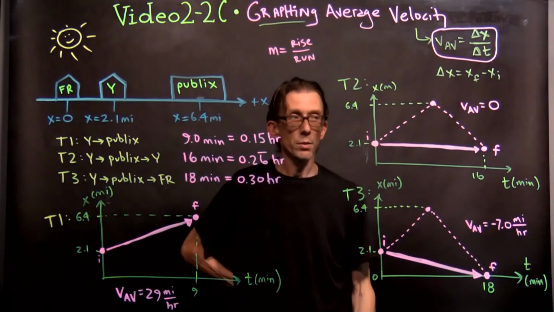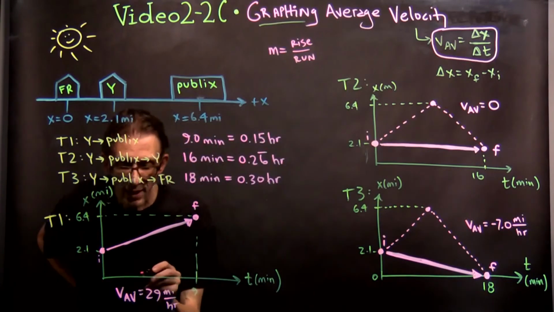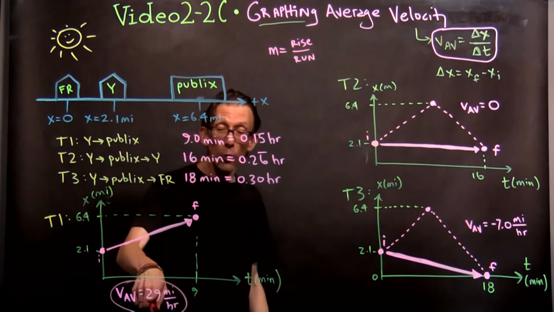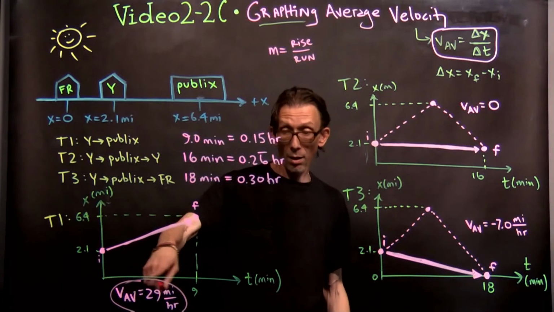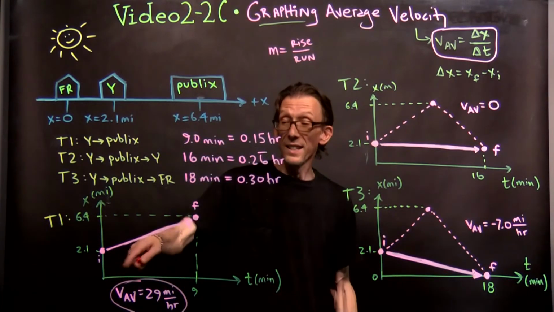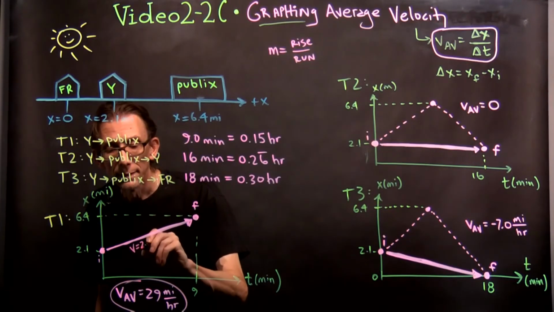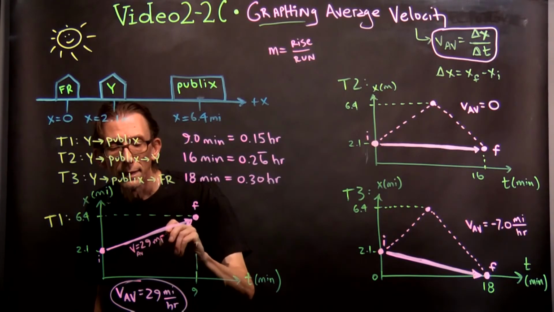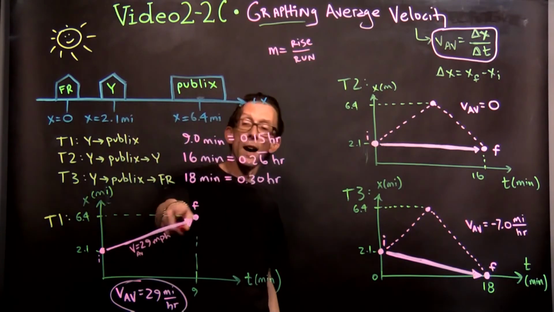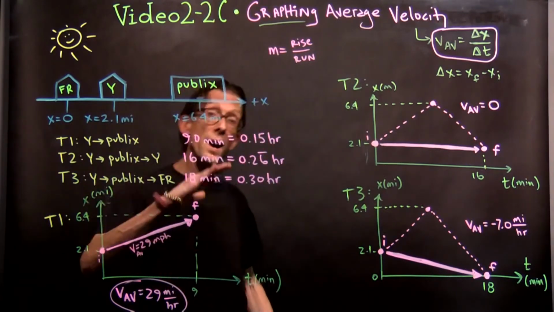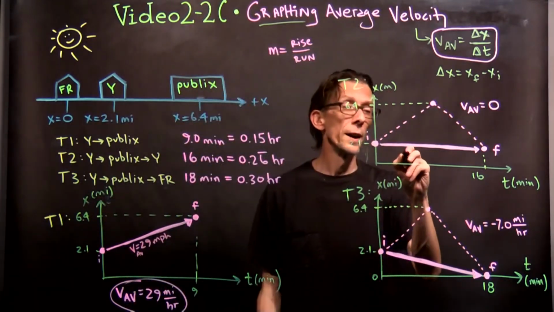In other words, this is not only the average velocity for trip 1, it is the slope of this line. The slope of that line is 29 miles per hour. Positive, right? It's increasing. It's got a positive slope.